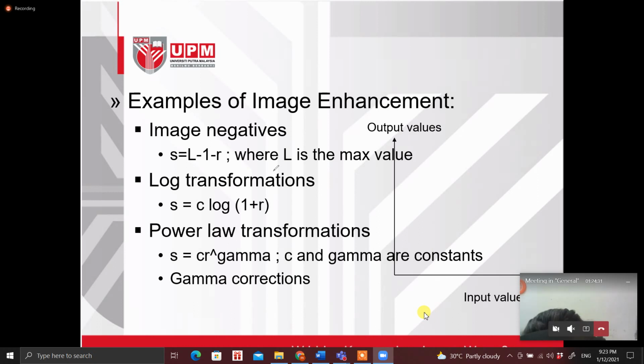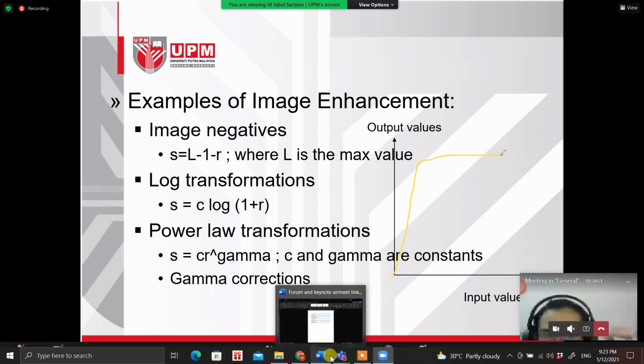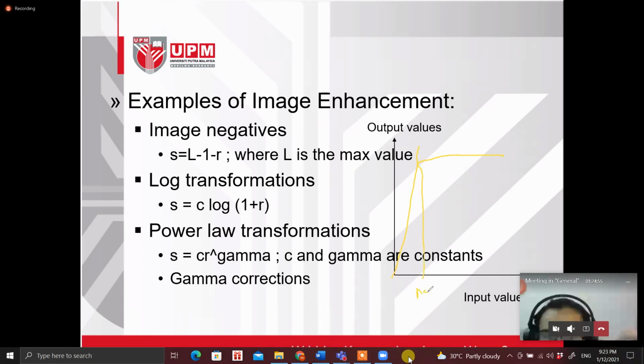However, if you know specifically what the problem is, like for example I mentioned earlier, the image is too dark and you want to improve the contrast, then you should know that you need something like this to improve the quality of the image. And this particular value here is actually the maximum value that you have in your degraded image.